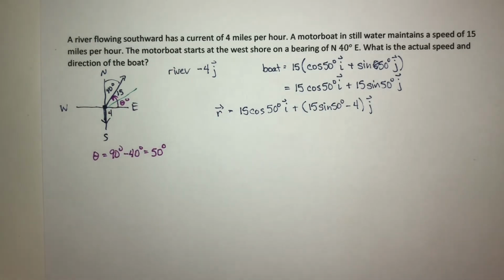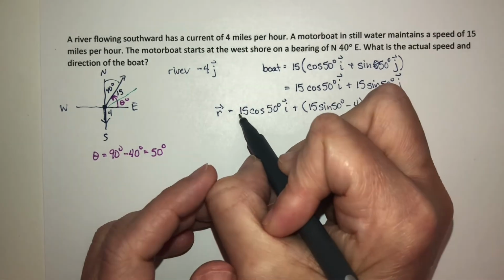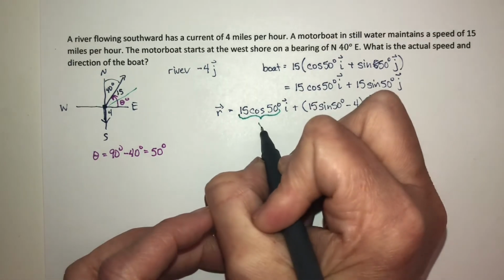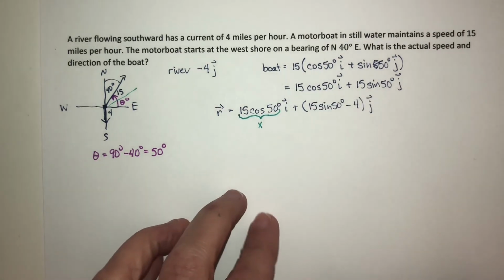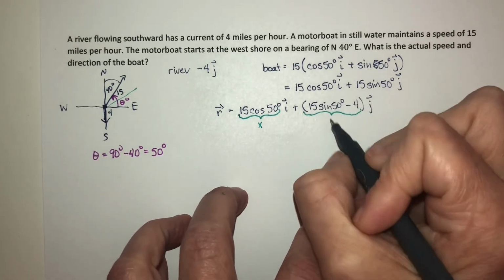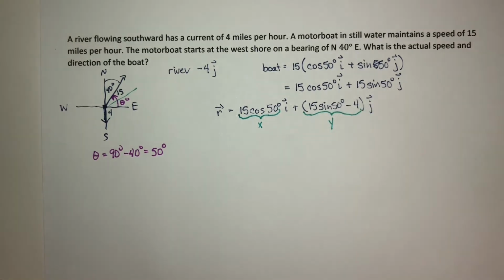Okay, so what I generally do here, since we need to keep our values as exact as possible, is calculate this value and store it as variable x in my calculator, and calculate this value and put it in my memory as y.